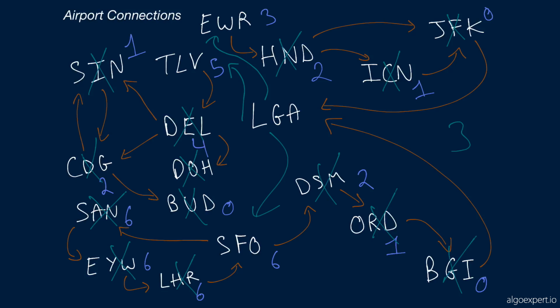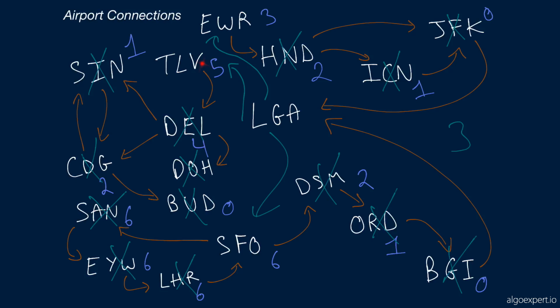Then for every unreachable airport, we iterated through them, and then iterated through all of their connections and all of their connections, probably again using depth-first search, to assign them a score.